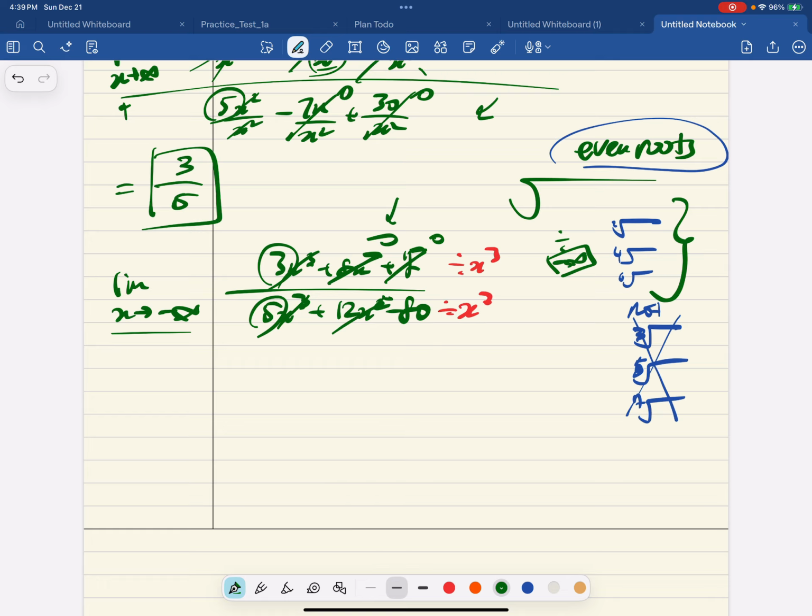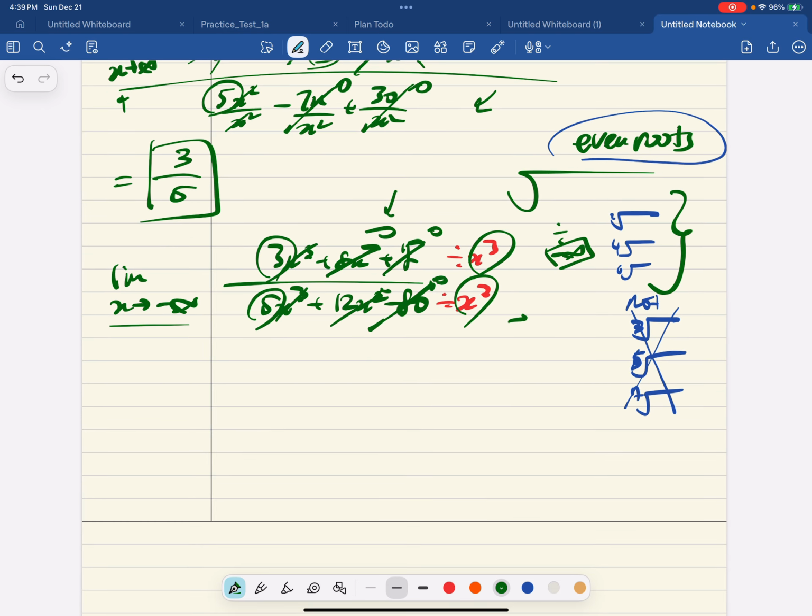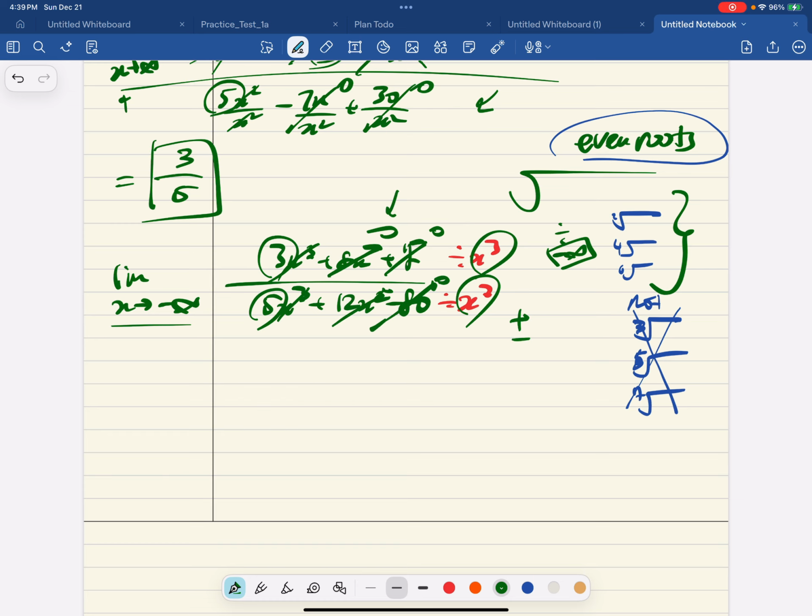This one becomes 0, this one becomes 0. Basically, anything divided by a big number, regardless of plus or minus, will give 0, remember? And that applies here as well. So it doesn't matter if the division over here was positive or negative, they will always do the same thing, just turns whatever that value was to 0. So then it's going to be a 3 on 5, once again.